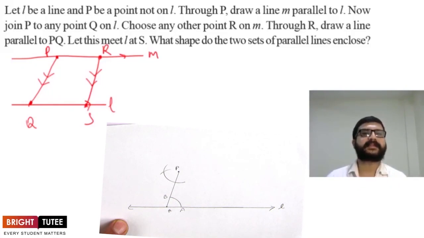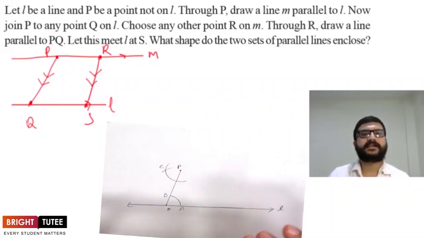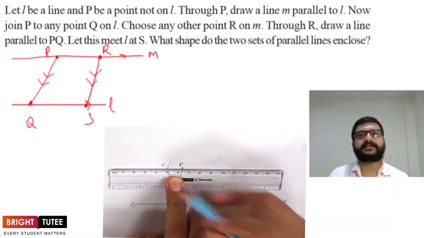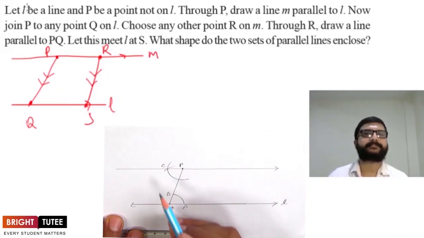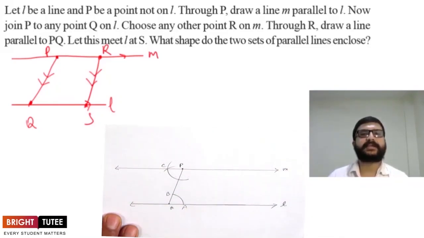So we will get another arc like this, and we can name this point of intersection of these two arcs as point C. Now just draw a line joining C and P like this. Now these two lines are parallel lines. Let's name this as M. So here lines L and M are parallel.